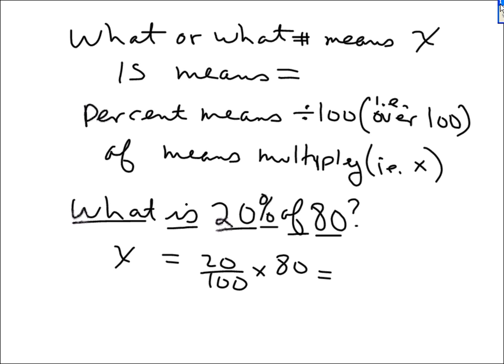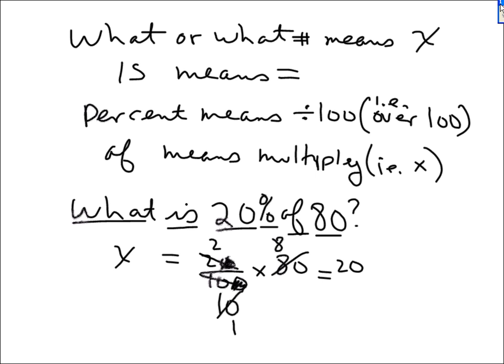You can divide this number by 10 and get 2. That is just cross off the 0. But then you have to divide the bottom number by 10. That is just cross off the 0. And you can do the same with another pair of numbers. 10 goes into both of these numbers, 8 times and 1 time.